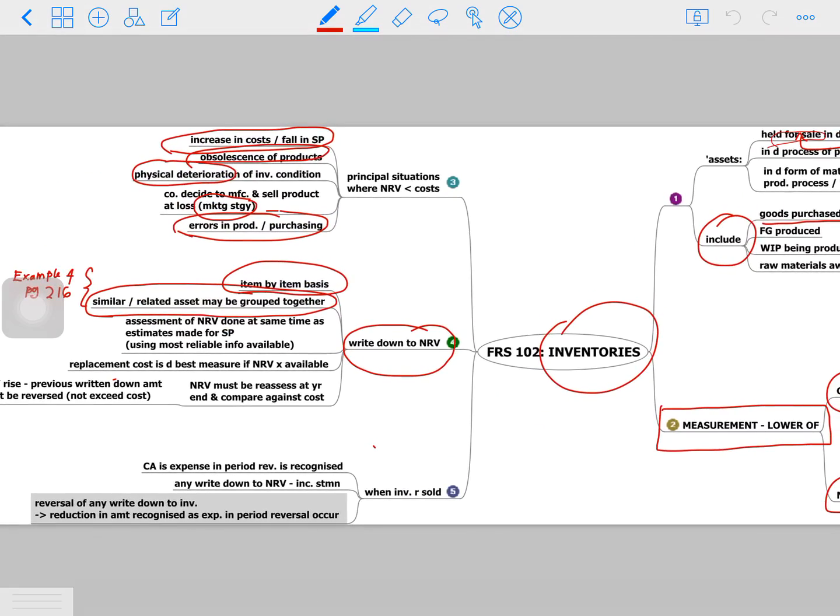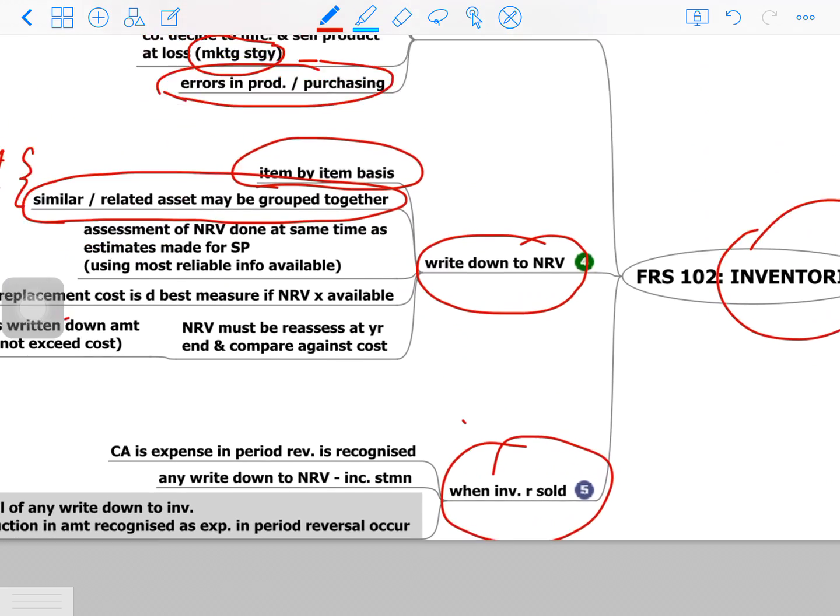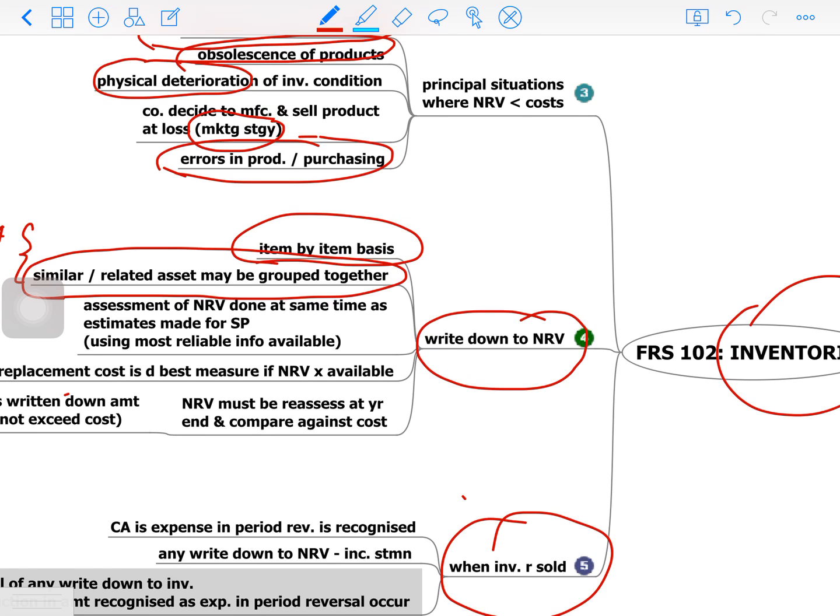And this part is not so important for your exam. But you need to know just the theory of it. When inventory is sold, normally, when inventory has been sold, we looked earlier at its value in stock, the unsold ones. What if the inventory has been sold, where does it go usually? Once sold, it goes into the income statement, right? The cost will be compared with the sales price. Sales minus cost of sales.